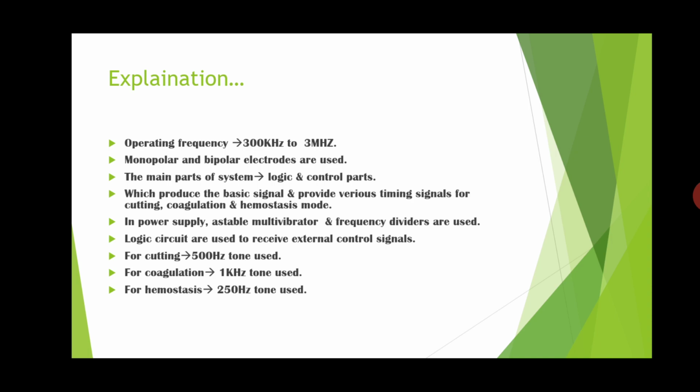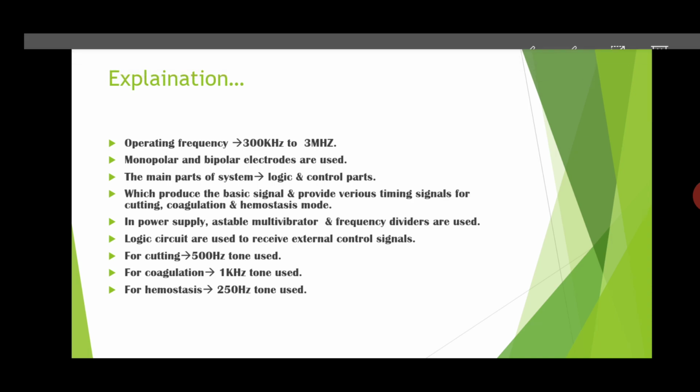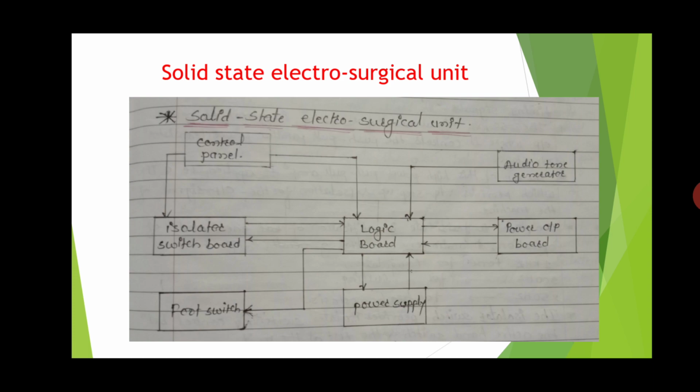The isolator switch provides isolated switching control between the active hand switch and the rest of the unit. The logic circuits are used to receive external control signals and to operate the isolating relays, which give visual indication and determine the alarm conditions.